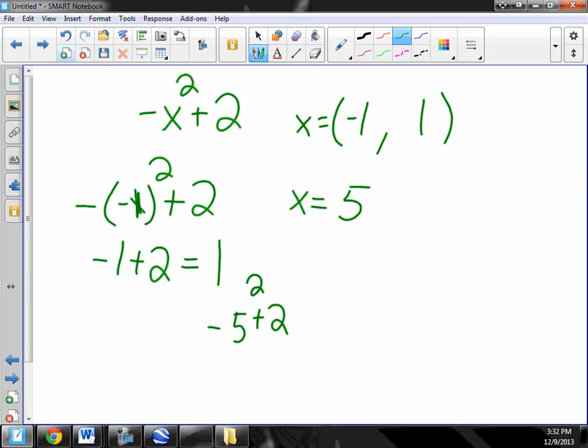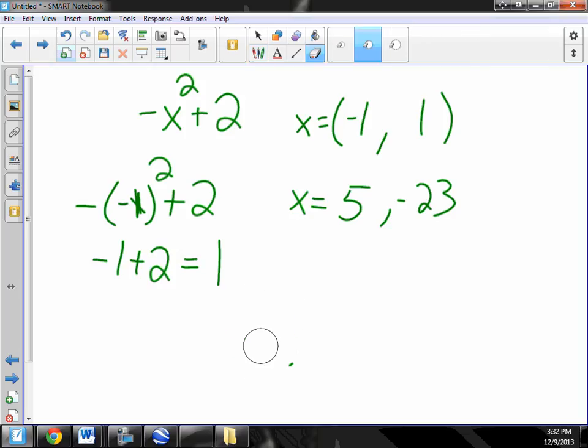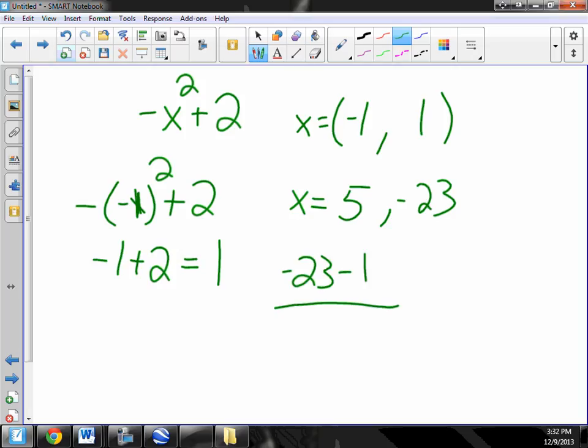The opposite of 25 is negative 25 plus 2, which is negative 23. For my average rate of change, I do y2 minus y1, so negative 23 minus 1 over x2 minus x1. So 5 minus negative 1, which is really just 5 plus 1. So negative 23 minus 1 is negative 24. 5 plus 1 is 6, which gives negative 4.